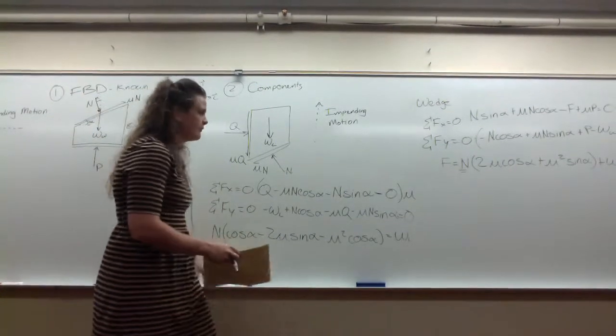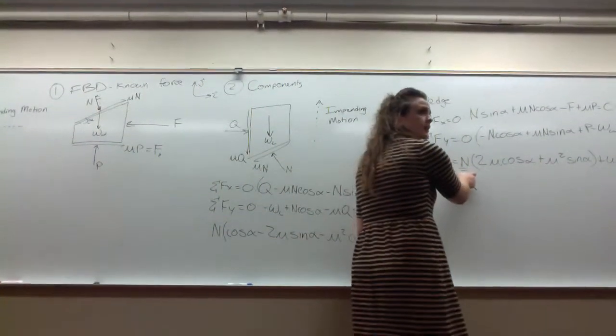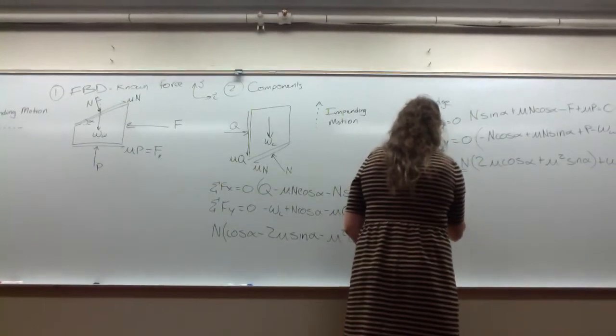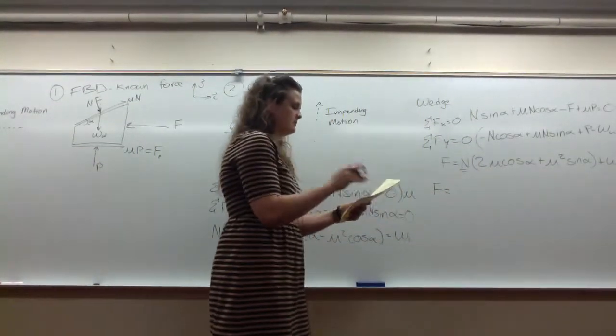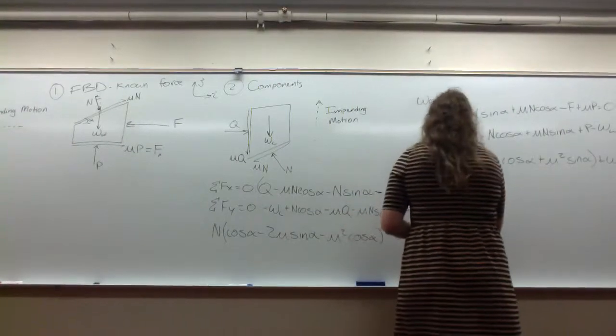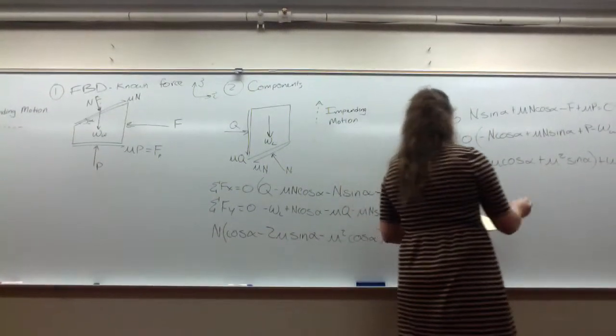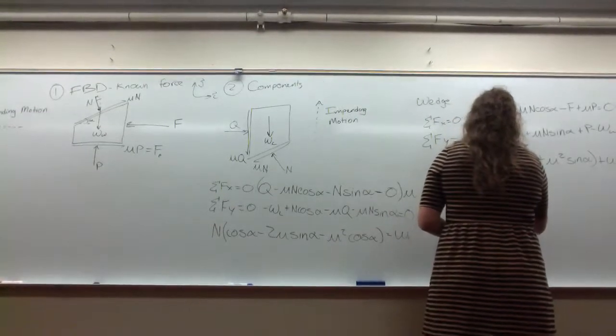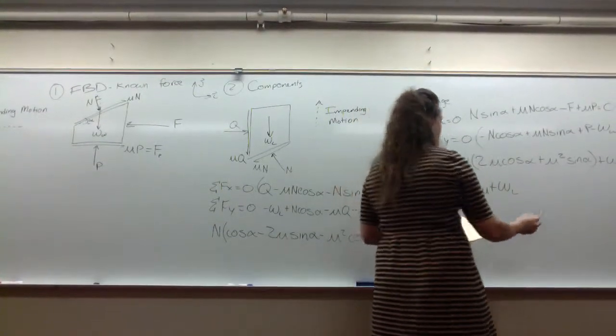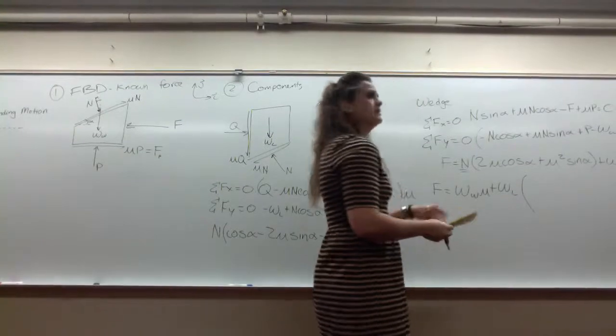So if I solve for n and plug it in here, I can solve for F to be equivalent to my weight of my wedge times my coefficient of static friction, plus WL, times all of this.